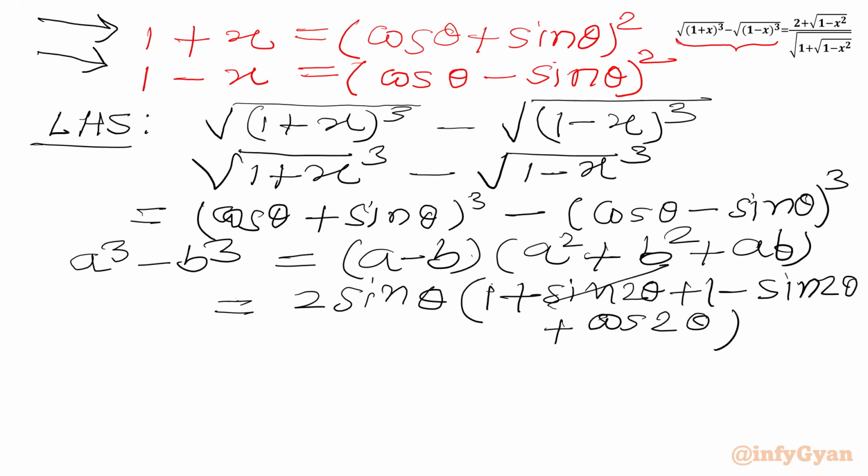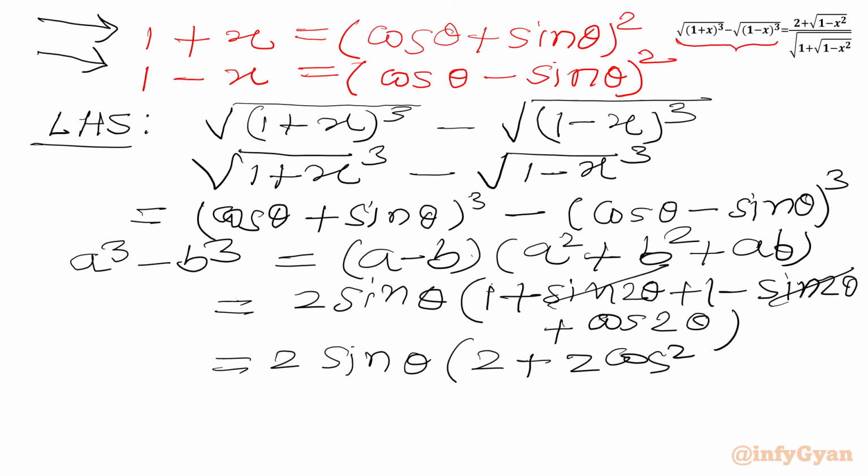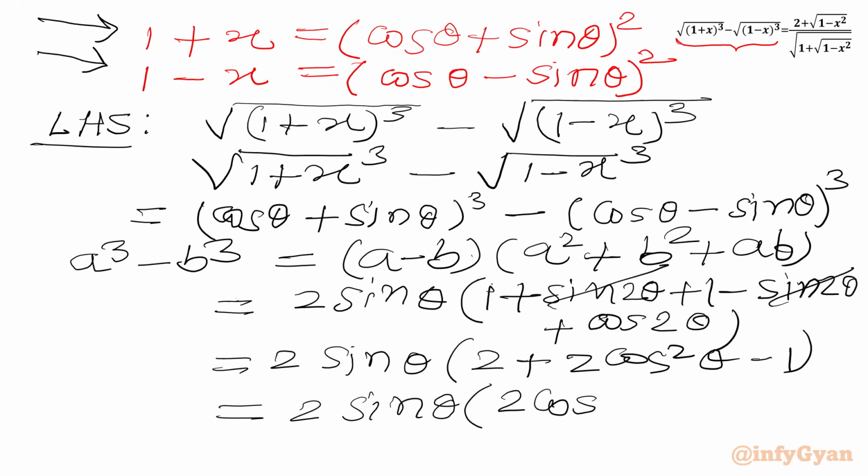Now we will cancel sin 2 theta with minus sin 2 theta, and we will write 2 sin theta in bracket 2 plus cos 2 theta. 2 plus cos 2 theta can be written as 2 cos square theta plus 1. So we will get left hand side 2 sin theta in bracket 2 cos square theta plus 1.